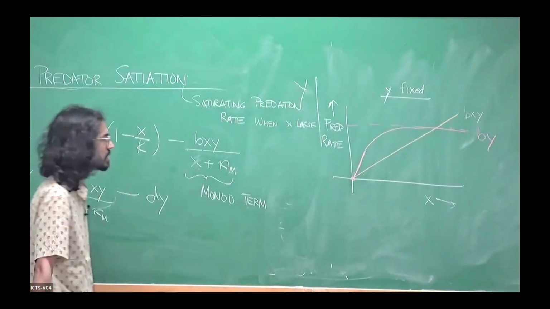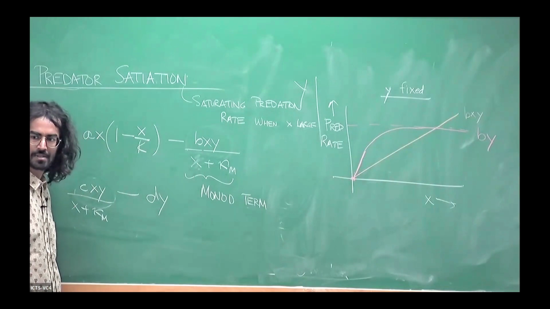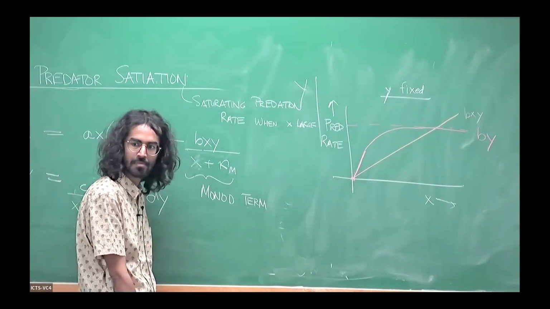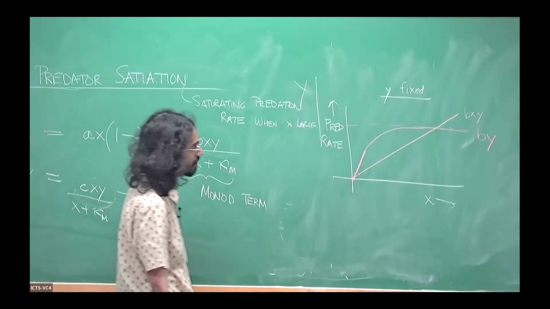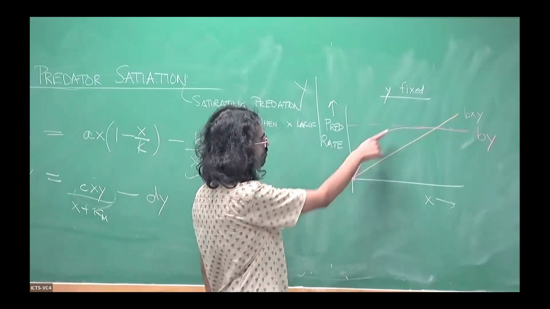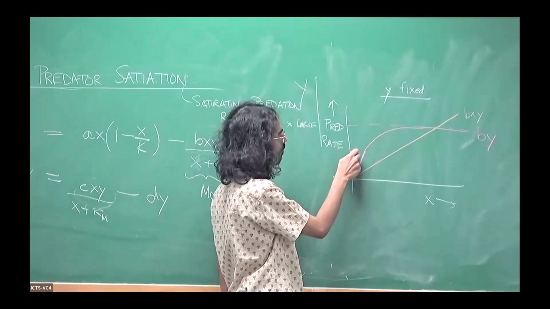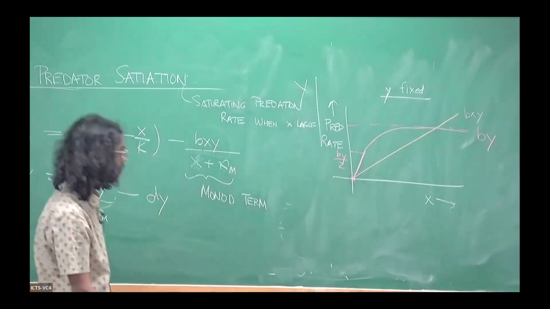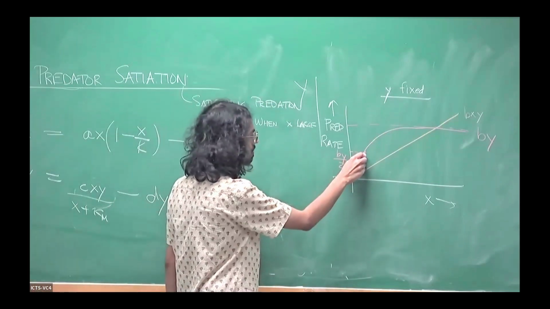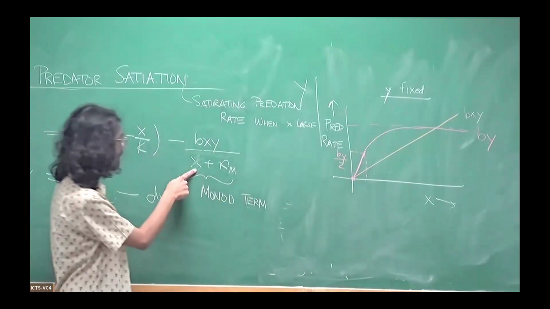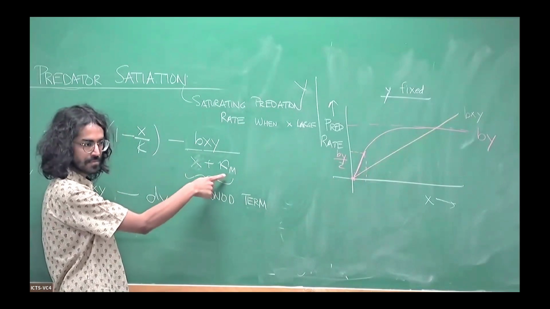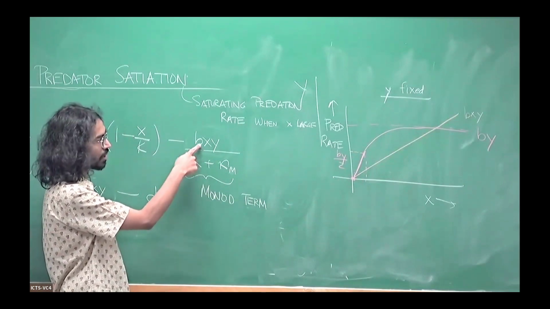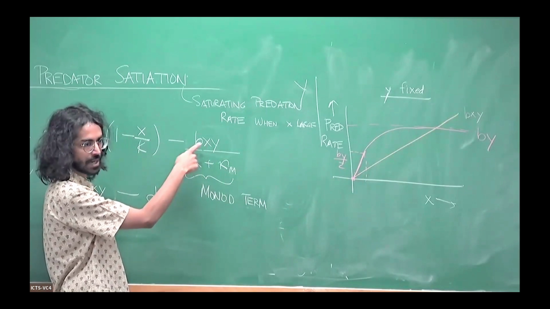So what's kappa m then? What's so special about the value of kappa m? Right, at some point this predation rate becomes half of the maximum value it's going to take. What's that value of x? At x equals kappa m, this becomes kappa m over 2 kappa m, which gives B Y by 2.